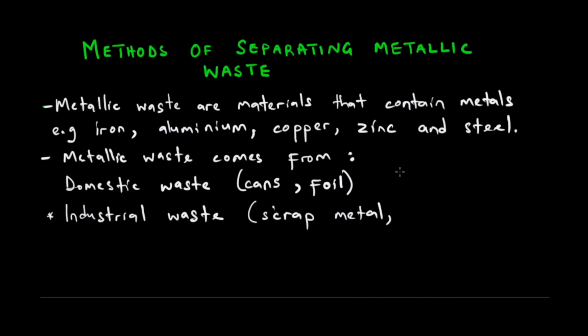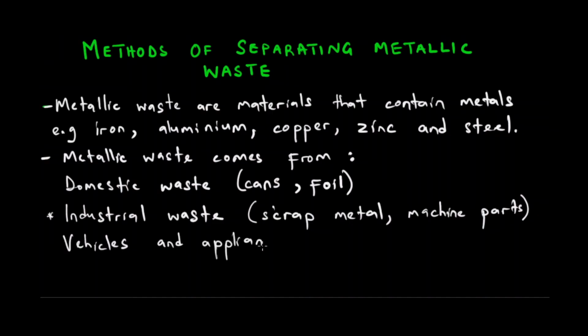That's industrial waste. And we can also talk about machine parts. Then we can also have metallic waste coming from vehicles and appliances. We can also have such a situation.